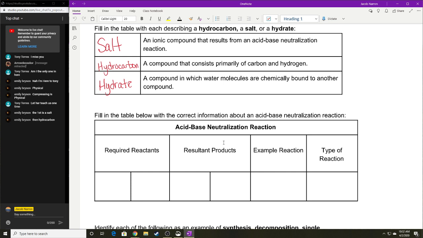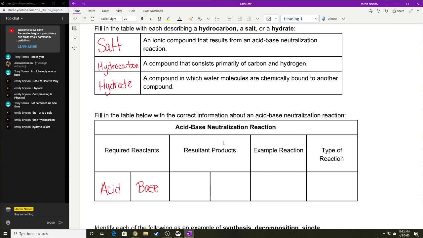All right, cool. Now do the second table. Acid-base neutralization reaction. The required reactants, so don't think too hard. It's going to be an acid. They haven't learned acids and bases yet. And it's going to be a base. That's going to be your reaction.